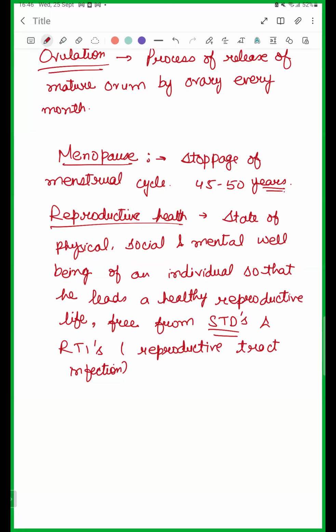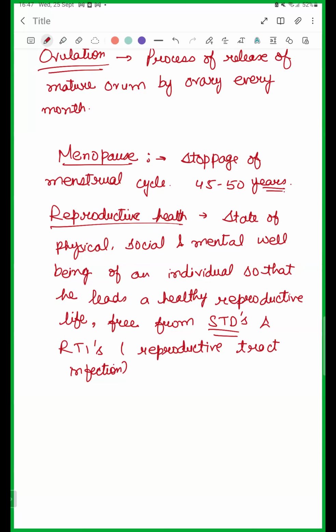There are some religious or family beliefs because of which the female may be asked to give birth even when her body is not ready for that. The age gap between two siblings is very important. The age of the female is very important. The mental state of the female is very important. The physical state of the female is very important. So it's very important for females especially to maintain their reproductive health.